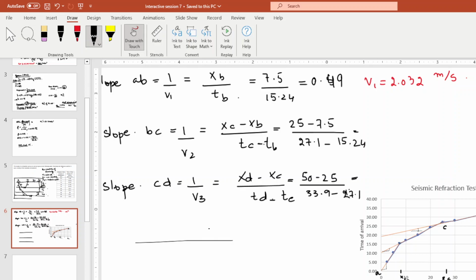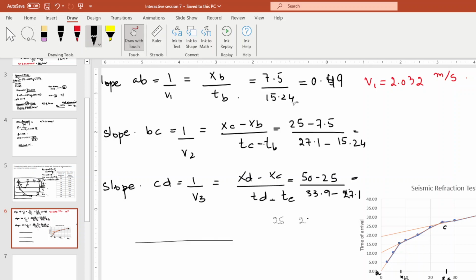Now I am telling you just to calculate the value of these. Don't think about the technique of solving the question, that I have to write this coordinate and that coordinate. Don't think about that. Only thing I'm asking is you have drawn the graph between the times of arrival.